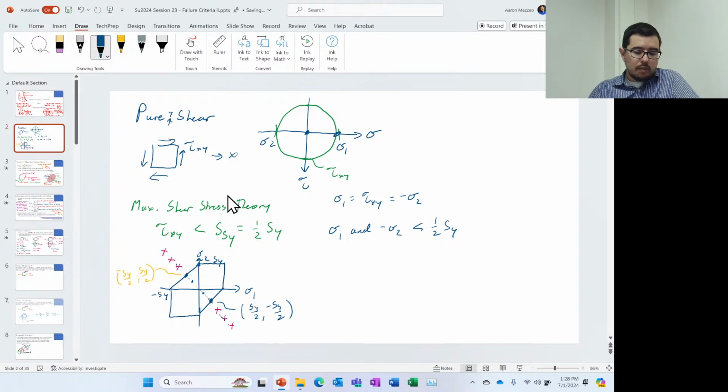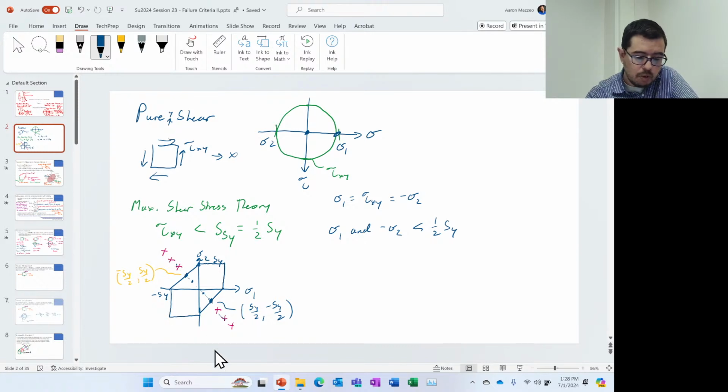Why does this make sense? Well, this goes back to what Kavya was saying. There's a sigma 3 probably at the origin. So imagine we're in this region or this region. With pure shear we've described only this line, but let's talk about what's happening over here in quadrant 1 and quadrant 3.